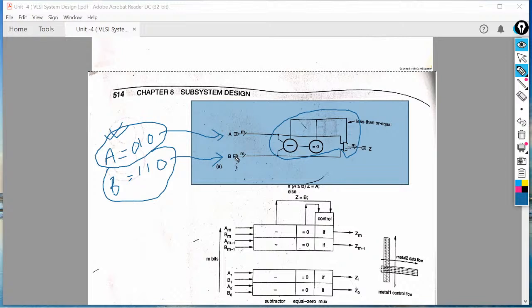And if the value of b is greater than a, then it transfers the value into this operator. So here various operators are connected serially, such as first a subtractor operator is connected, then an equal operator, then a multiplexer operator.